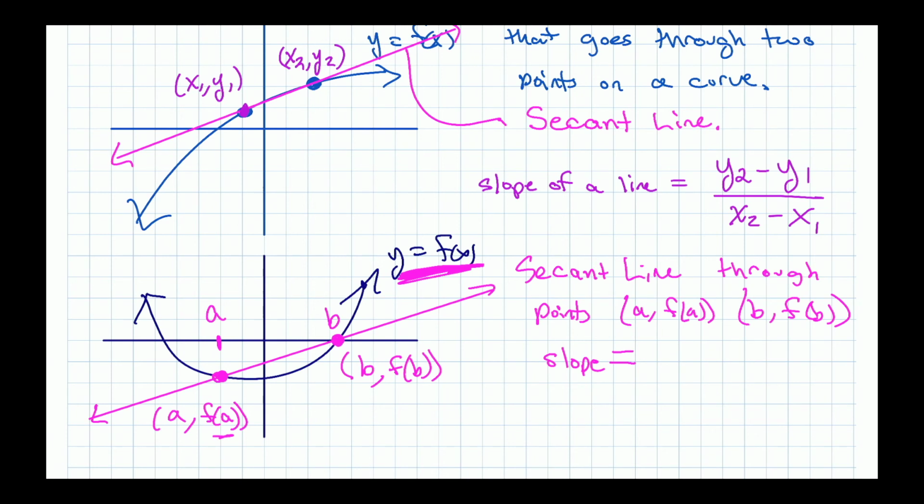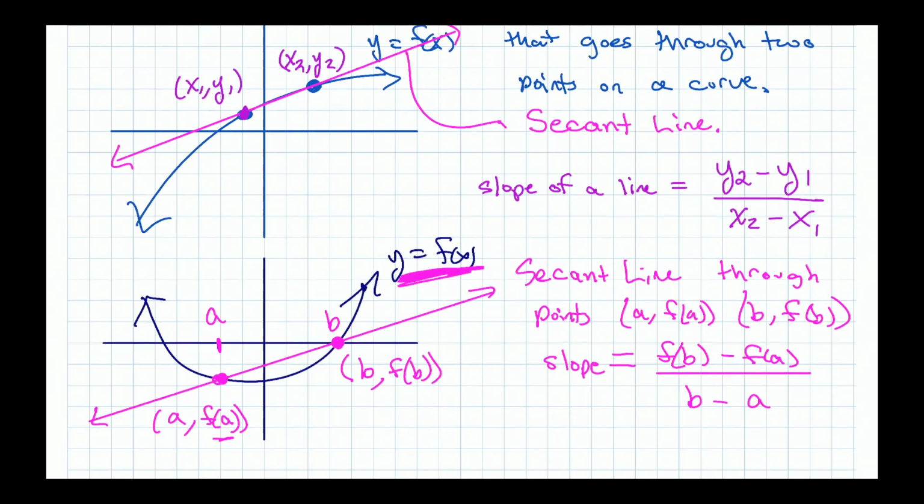In this case, it's the same formula as above. It would be f of b minus f of a as my y2 minus y1, and my x2 minus x1 would be b minus a. Okay, so that's how you would get the slope of a secant line.